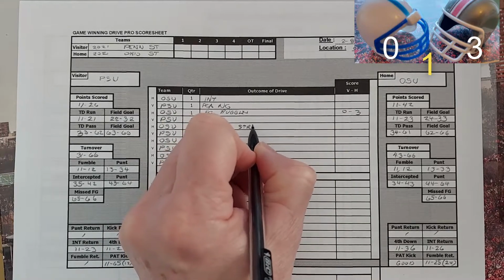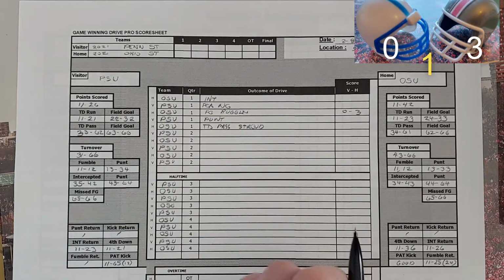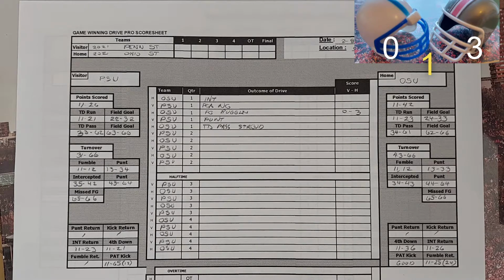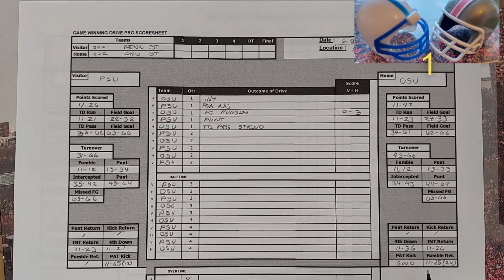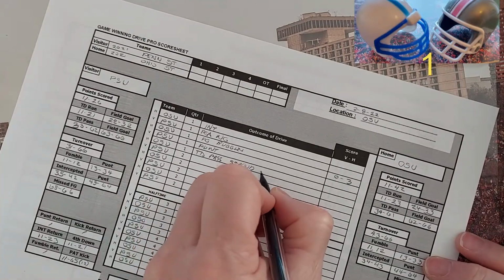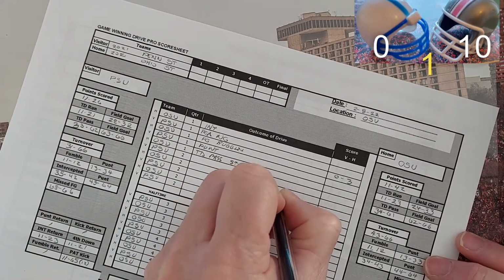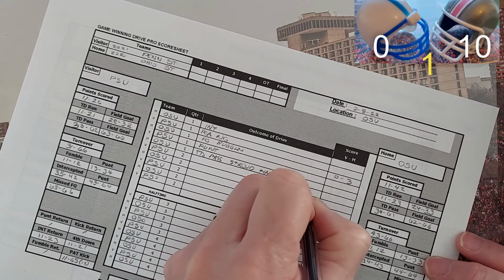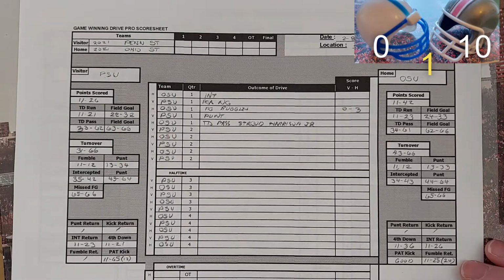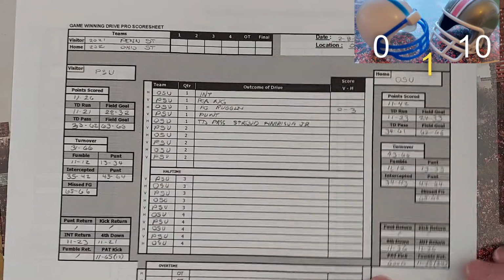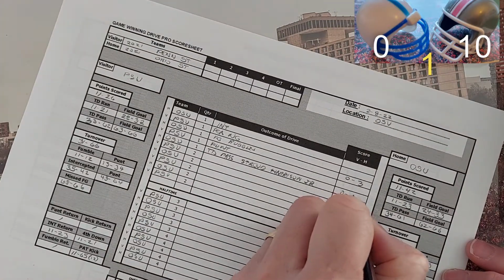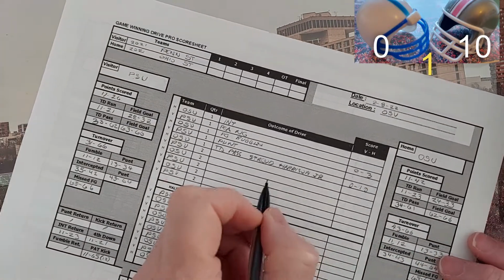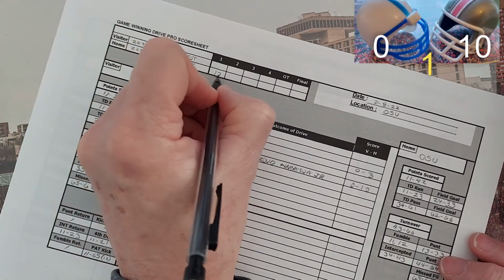Stroud to Harrison Jr. And all the extra point kicks were good. It's 10-0 Ohio State, and that's the end of the first quarter.